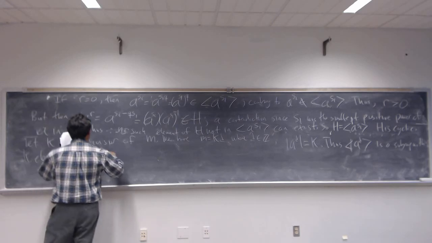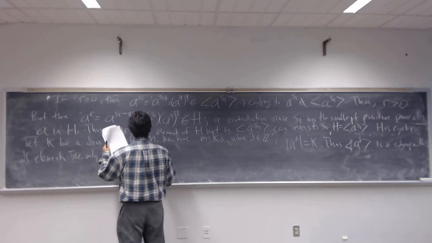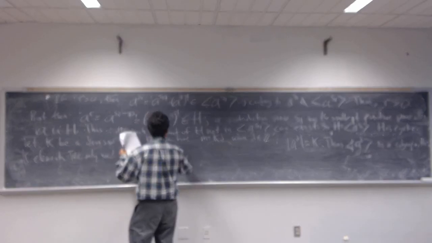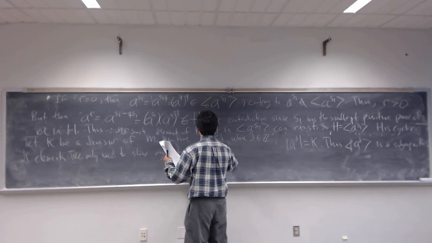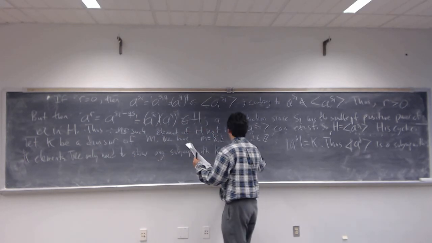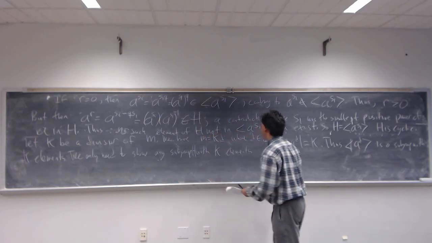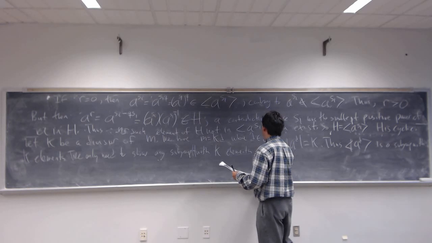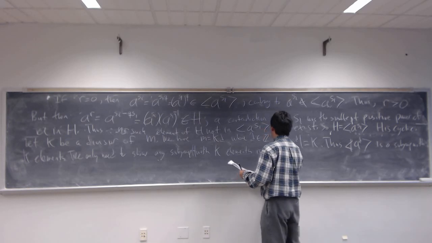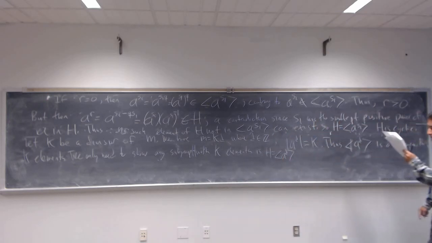We only need to show any subgroup, let's call it H again, with K elements, is the cyclic subgroup generated by A to the D.